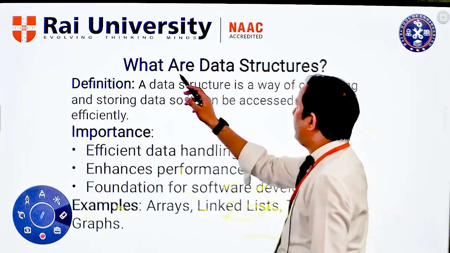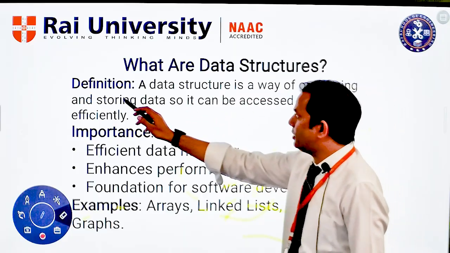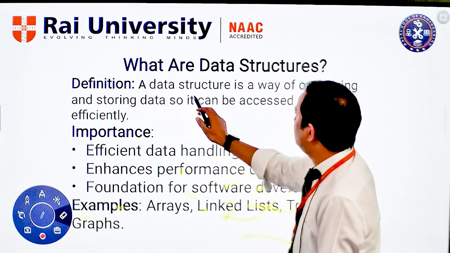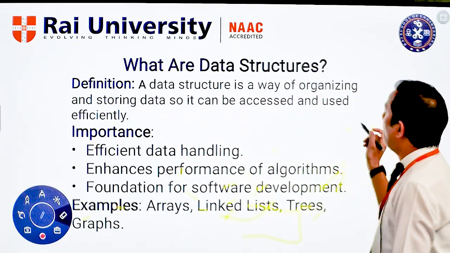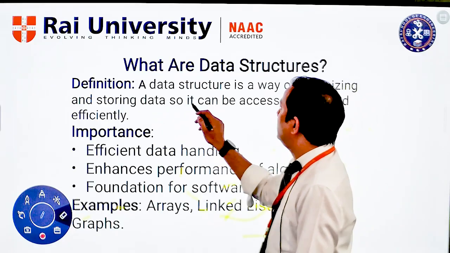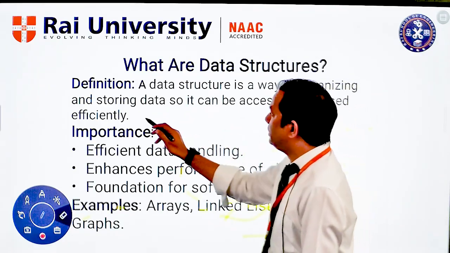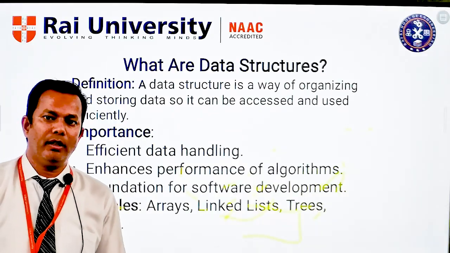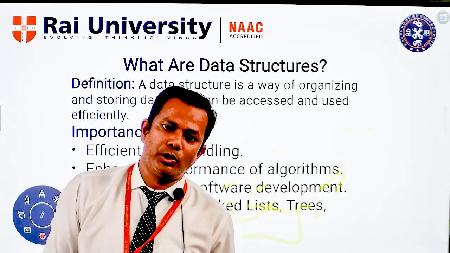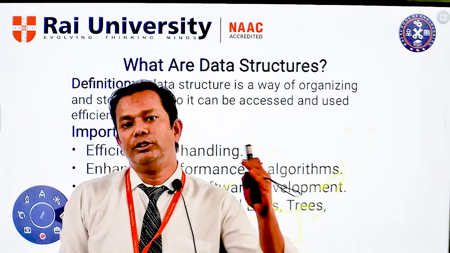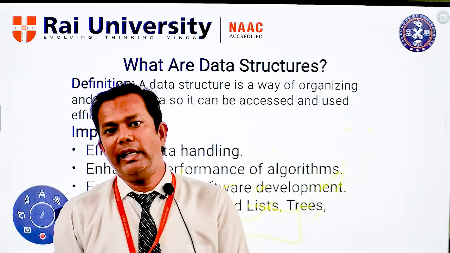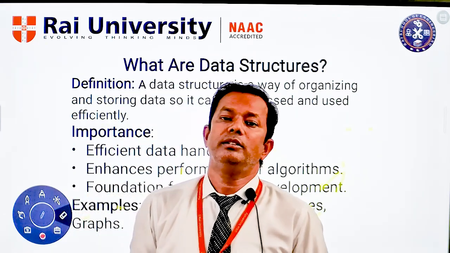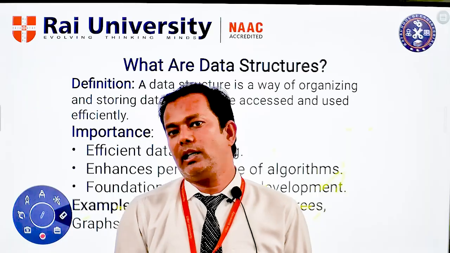So if we want to define what a data structure is, the definition is: a data structure is a way of organizing and storing data so it can be accessed and used efficiently. When the data is being stored somewhere, as I stated 2-3 minutes before also, if it is not being utilized for taking any kind of decision, there is no significance in storing the data and collecting the data.